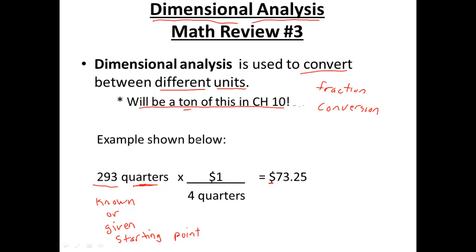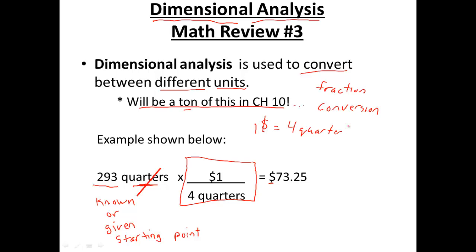And so our conversion that we know is that $1 equals 4 quarters, or 4 quarters equals $1. So we want to be able to set these up so our units can cancel.